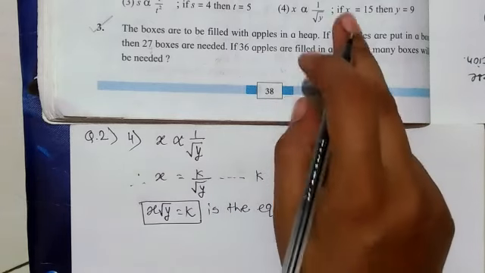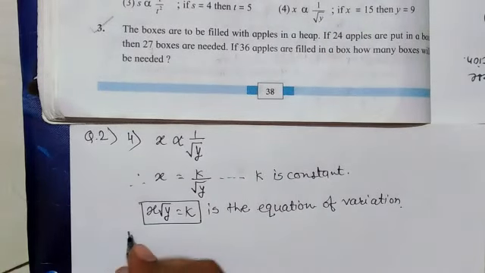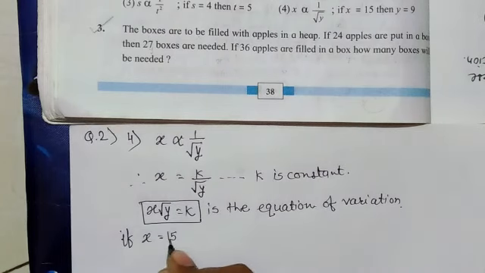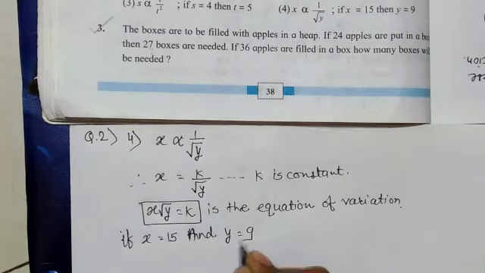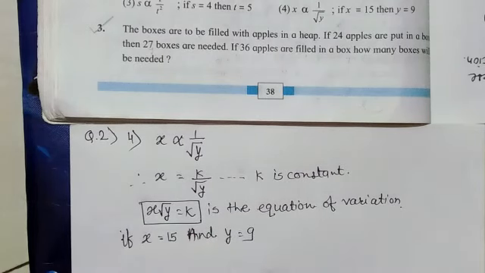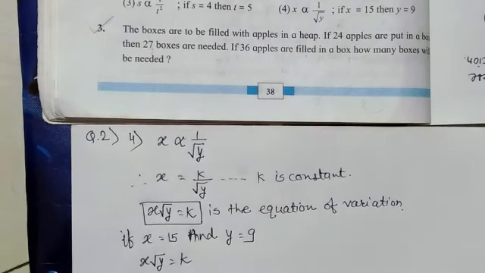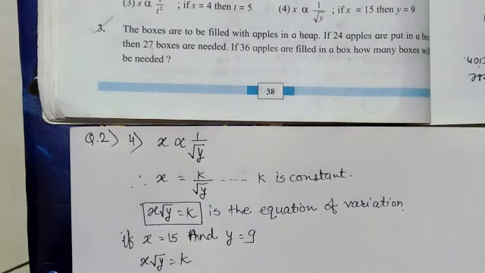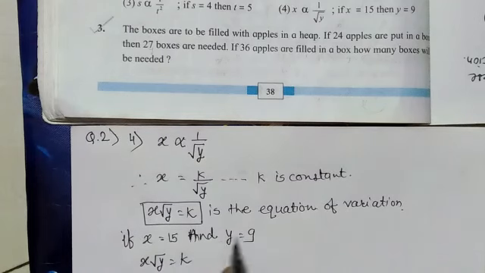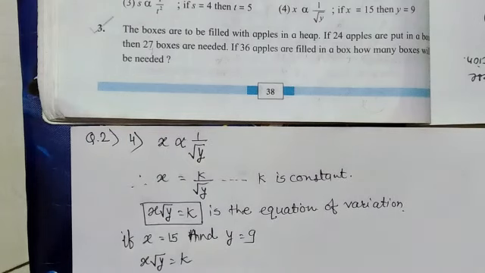Now put the values which are given in the textbook. If x is equal to 15 and y is equal to 9, put these values into the equation. x into the square root of y is equal to k. Value of x is 15 into the square root of 9 is equal to k.